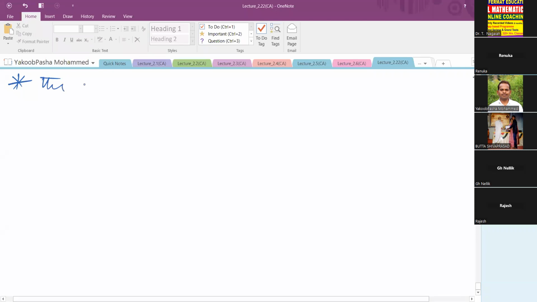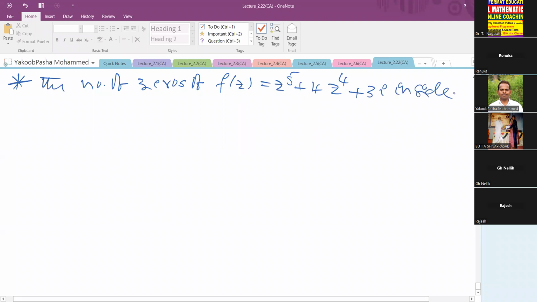The number of zeros of f of z is equal to z power 5 plus 4 z power 4 plus 3i inside C: modulus of z is equal to 2.